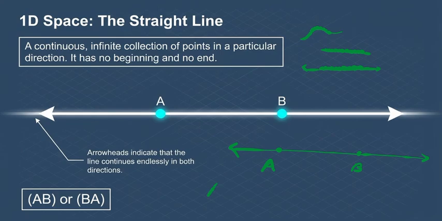It is represented by AB with an arrow symbol above the AB. Okay, got it. Here a little mistake: AB, there will be a line also, or we can say BA. We can also say line BA, and there will be a line also.